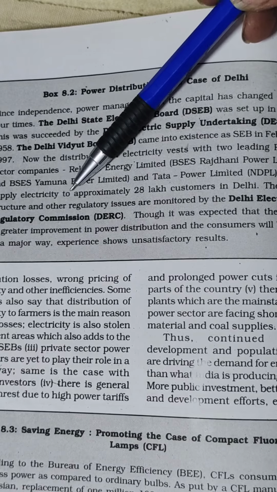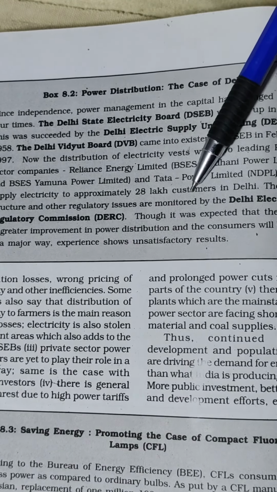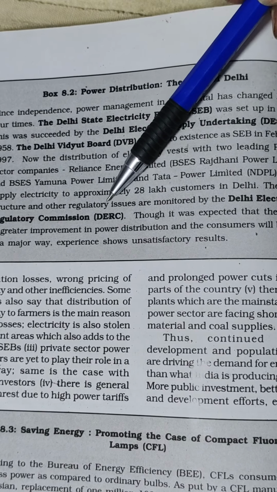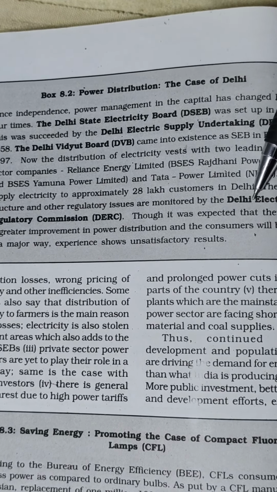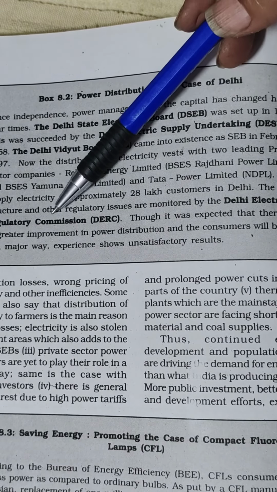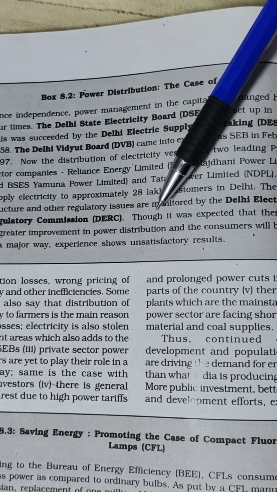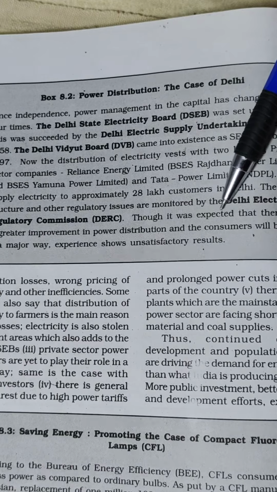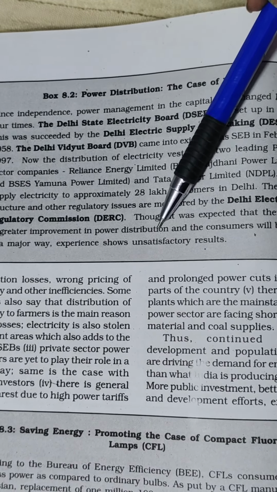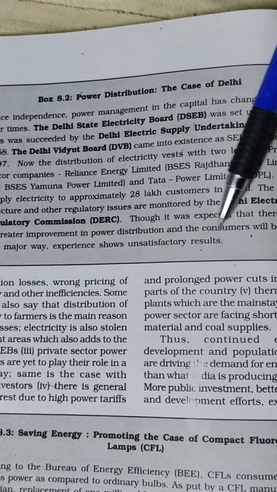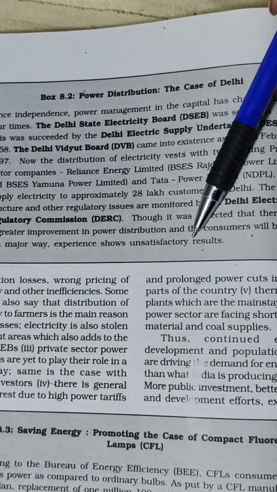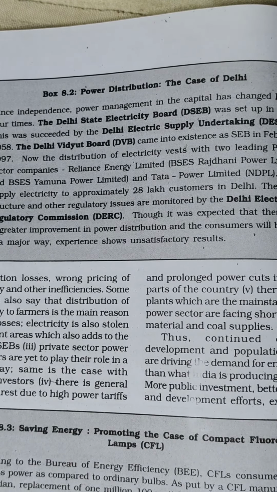They supply electricity to approximately 28 lakh customers in Delhi. The tariff structure and other regulatory issues are monitored by the Delhi Electricity Regulatory Commission (DERC). Though it was expected that there will be greater improvement in power distribution and the consumers will benefit in a major way, experience shows unsatisfactory results.